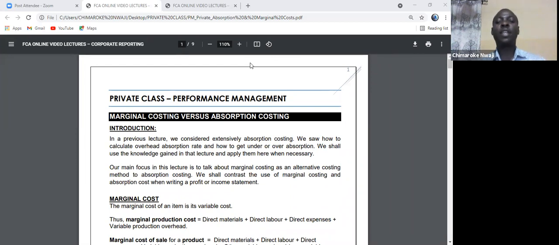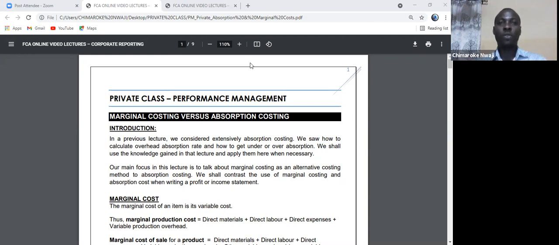So the knowledge we gained from absorption costing in the previous lecture is what we will be using in this lecture. As a way of reminder or a review, we said that when we're doing absorption costing, we think of a halfway house that is a noun, and we usually use a department or manager, most especially a department.